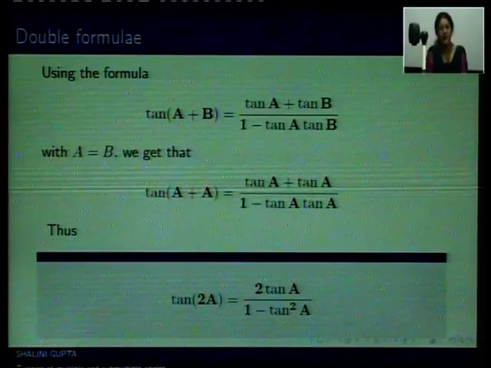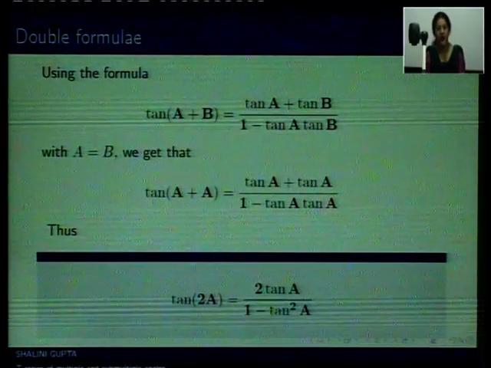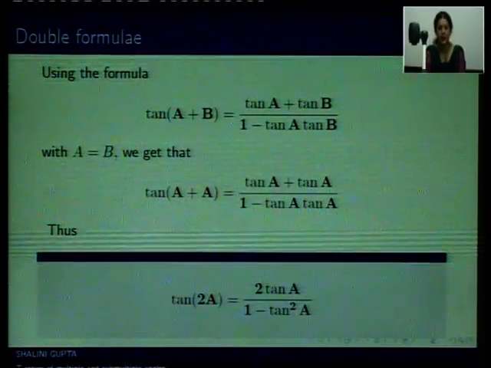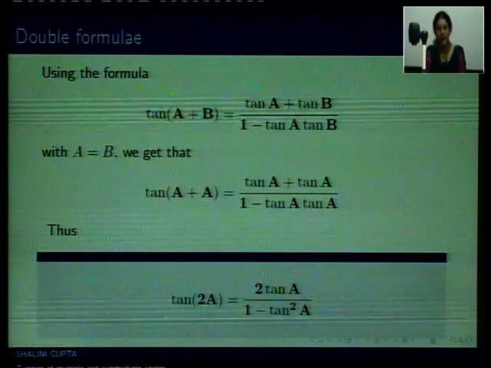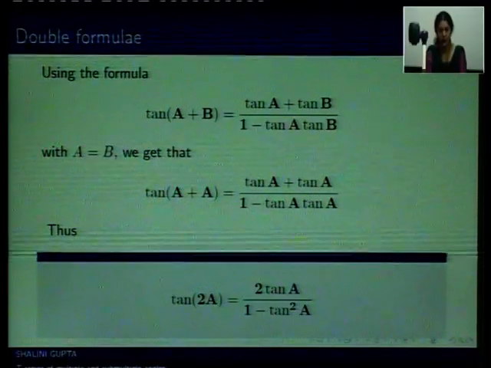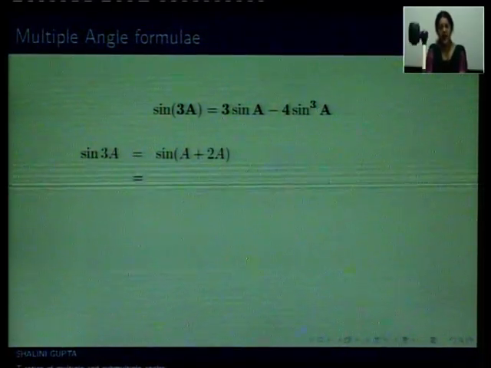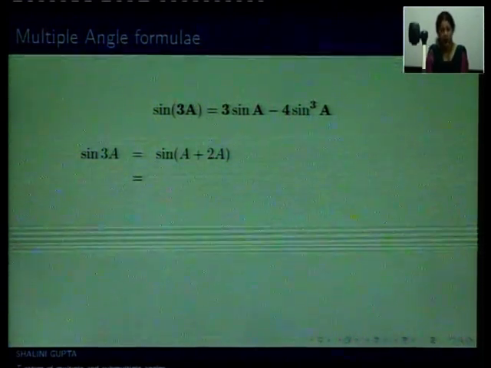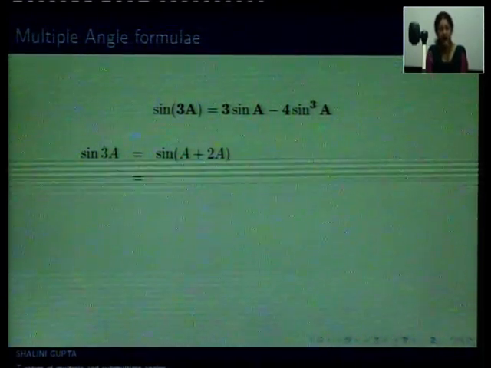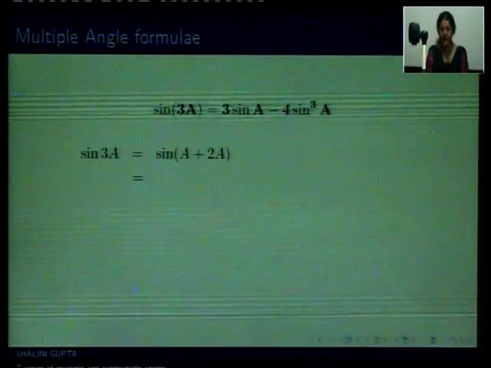Now with the help of these double angle formulas, we can find expressions for sin 3a, cos 3a, tan 3a. Let's see. Suppose I have to find the expression of sin 3a. I will write 3a as a plus 2a.